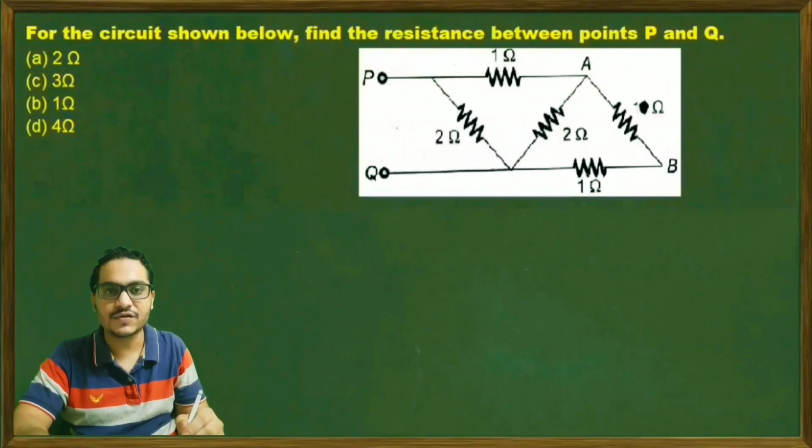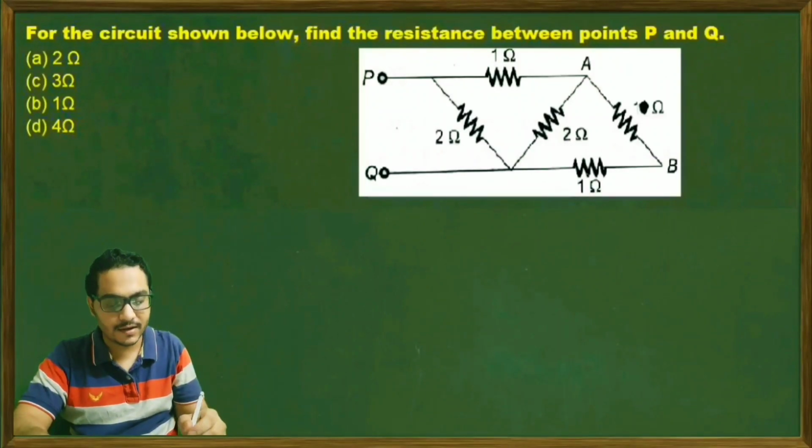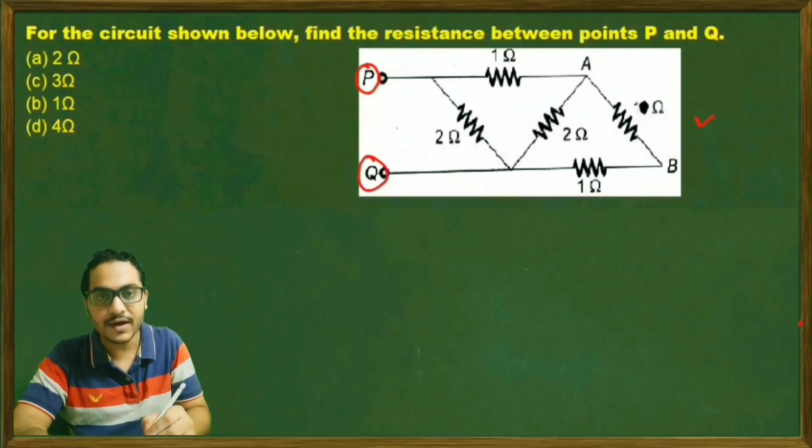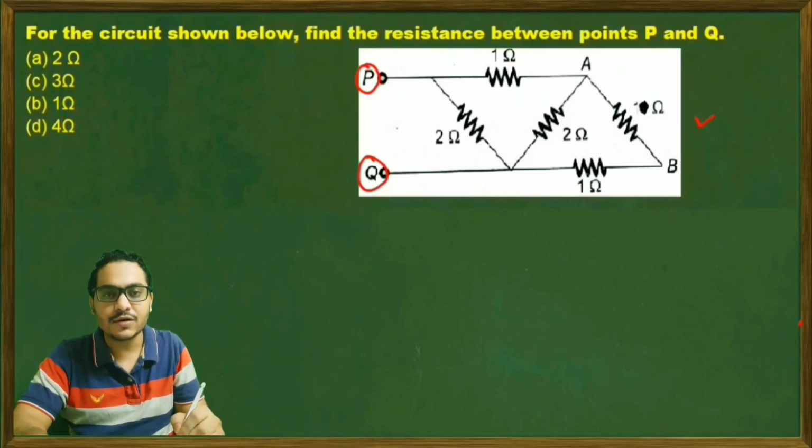This is the first question of today's lecture, and in this question we have been given a network and we need to find what will be the equivalent resistance between the points P and Q. Looking at the question, some of you might be thinking that this question belongs to your star delta conversion technique, but actually this is your basic series and parallel concept.